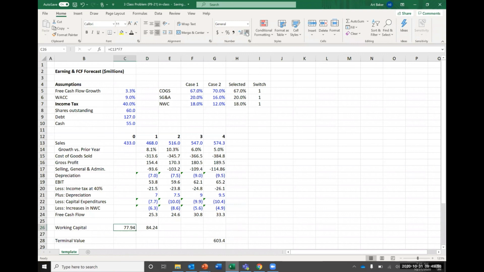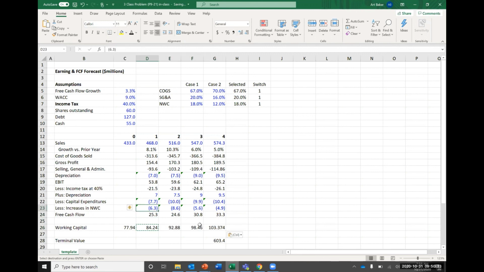So again, just to repeat, in year 0 for working capital, I multiplied revenue by 18% in case 1. And in year 1, I multiplied sales by the selected case. So this is in column H. And then I'll extend that. And then let's see if that's what they assumed.